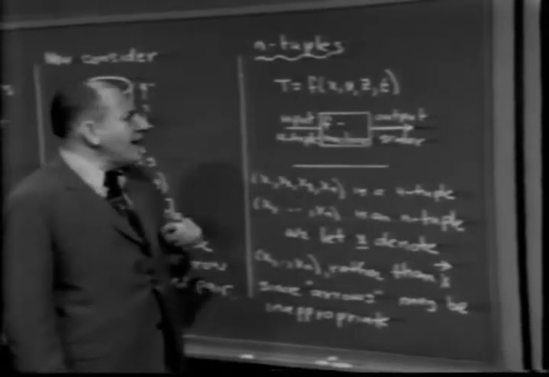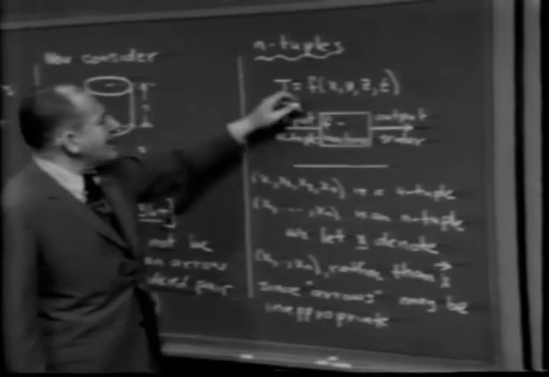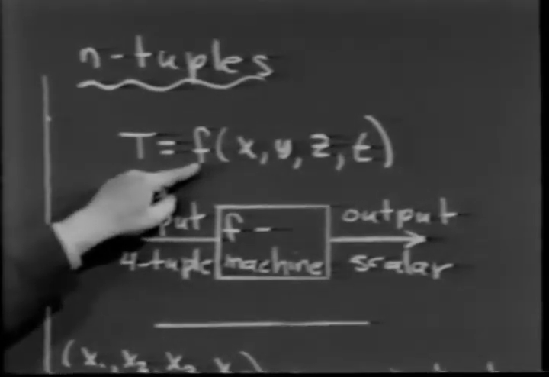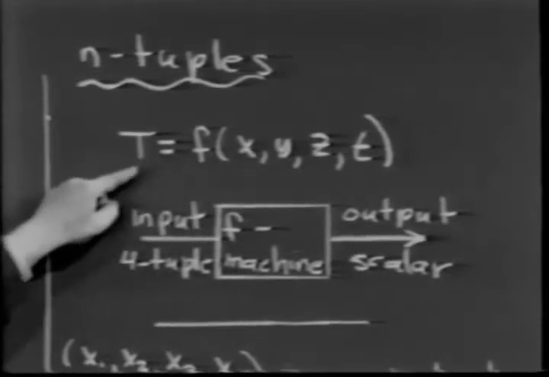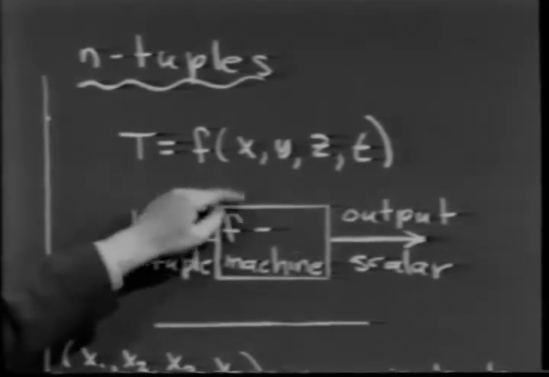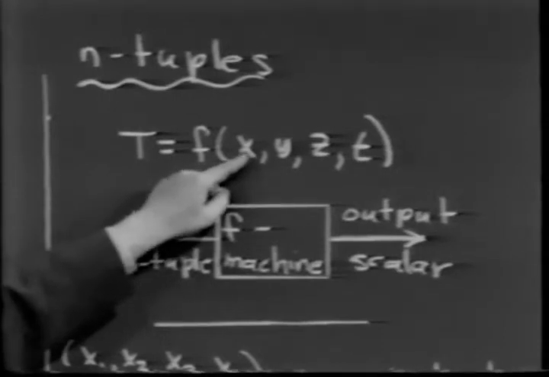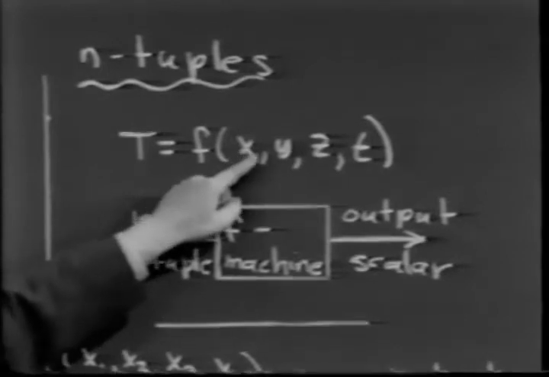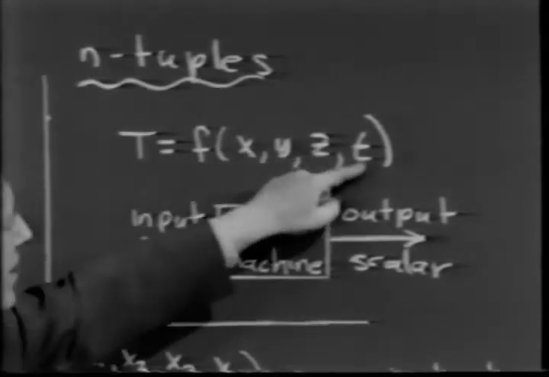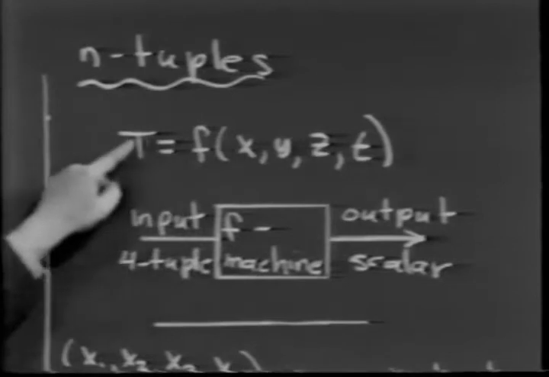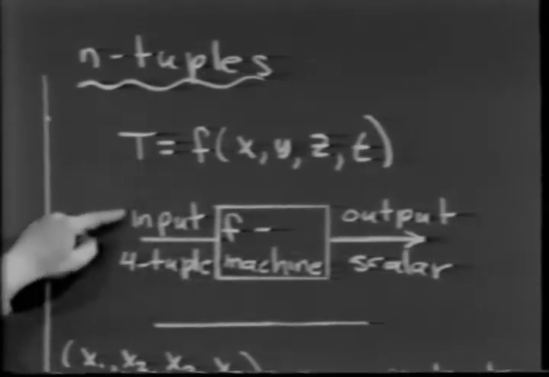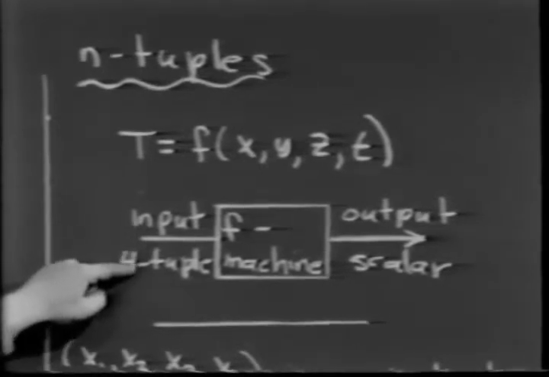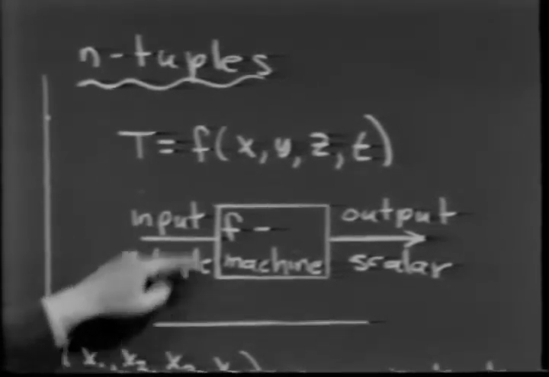represents time. At any rate, what I'm driving at is I can now visualize this in terms of my function machine again. Namely, to compute T, I think of feeding what? Specific values into the machine for x, y, z, and t. The f machine then performs on x, y, z, and t, as indicated by f, to compute T. In other words, again, the input of my f machine in this case is what I'm going to call a 4-tuple for the time being.